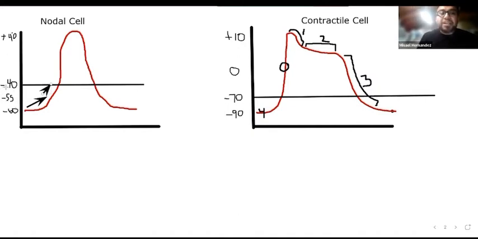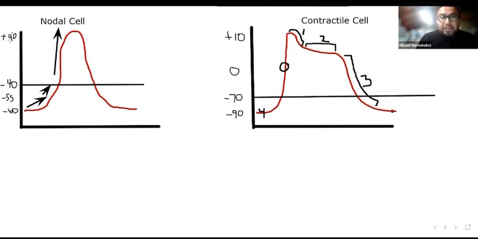That's when your slow calcium channels are opening, which are bringing calcium inside the cell, making it more positive. But once it hits minus 40, that's when your L channels open and they bring in all that calcium. And that's when the cell becomes a lot more positive. And that's the depolarization phase.